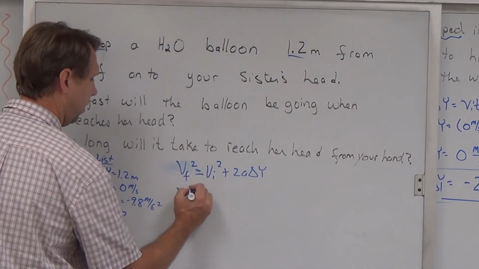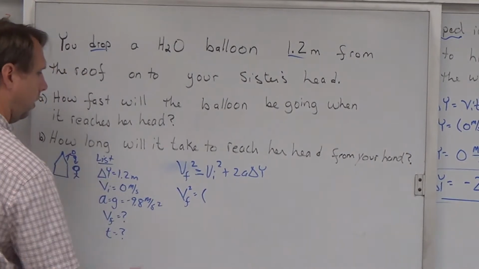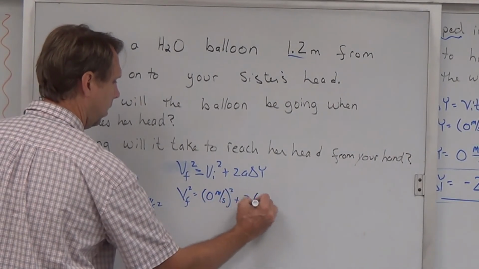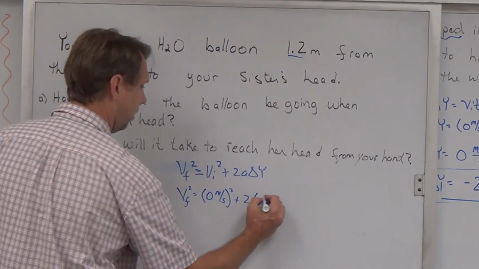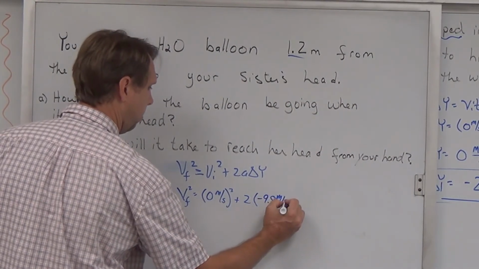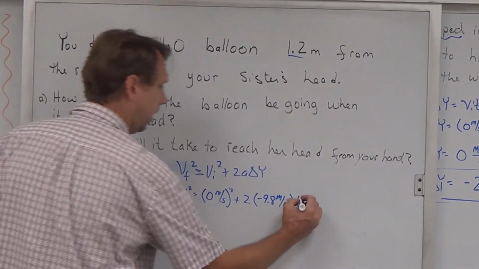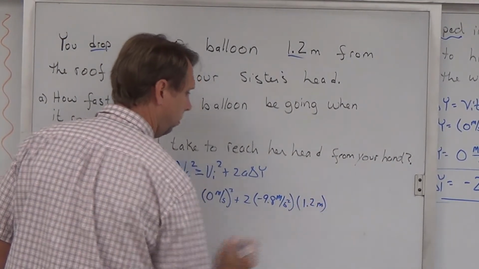So the final velocity squared equals the initial velocity, that's 0 meters per second, quantity squared, plus twice the acceleration, negative 9.8 meters per second squared, times delta y, 1.2 meters.